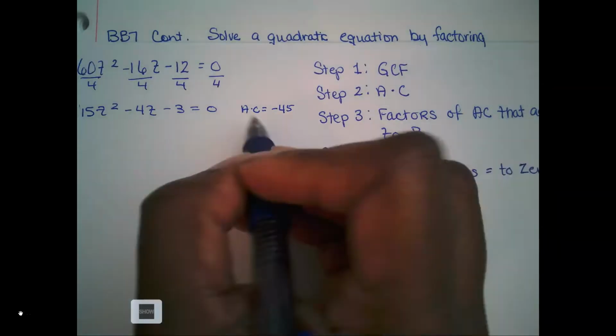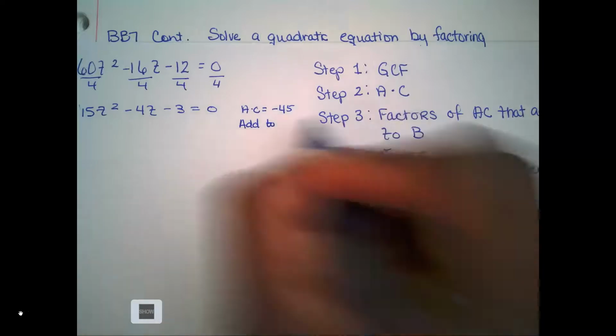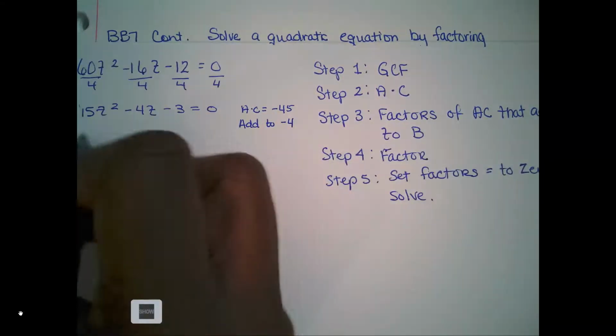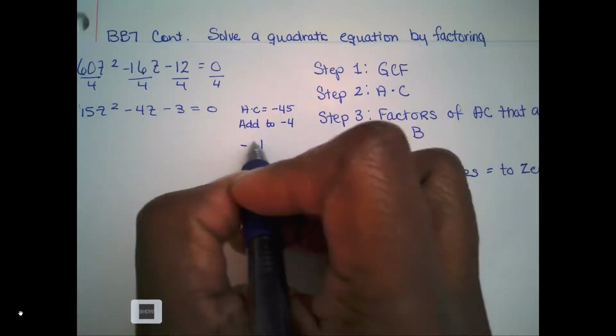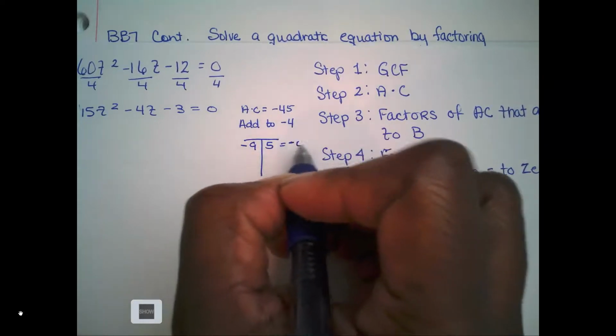Then I'm going to take the factors of a times c that add to my b, which is this term right here, negative 4. And I'm already in my head thinking that it's going to be negative 9 and positive 5, because if I add those I get negative 4.